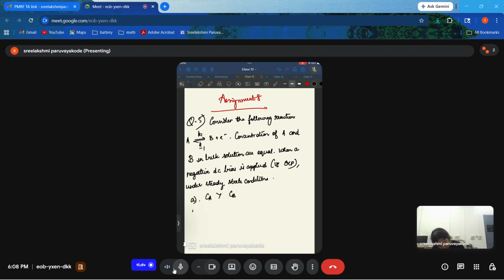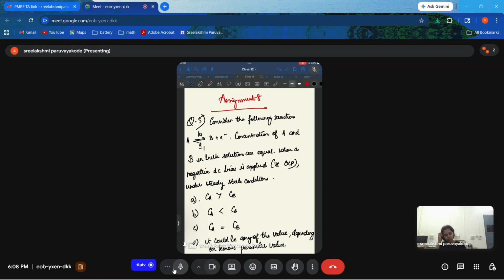Option A: CA is greater than CB. Option B: CA is less than CB. Option C: CA equal to CB. And option D: it could be any value depending on kinetic parameter values.